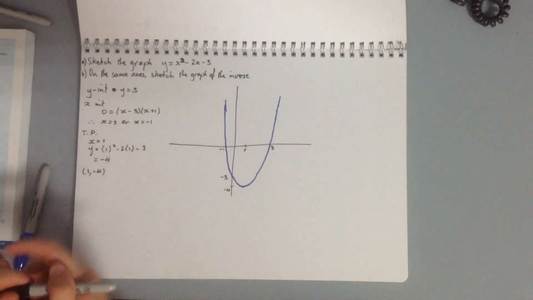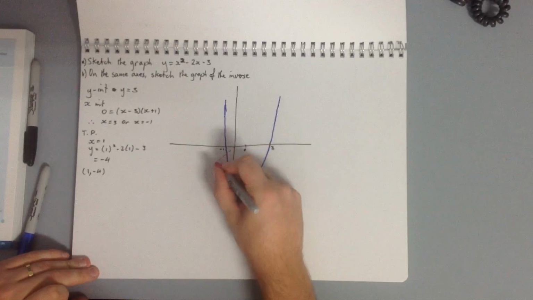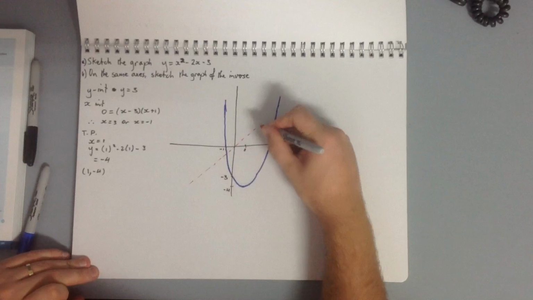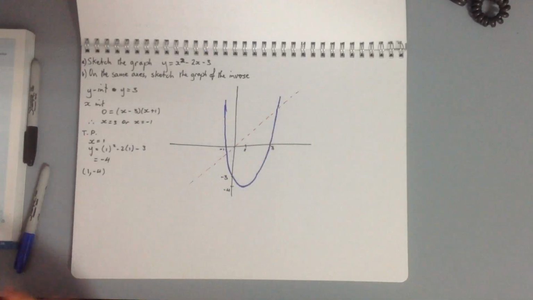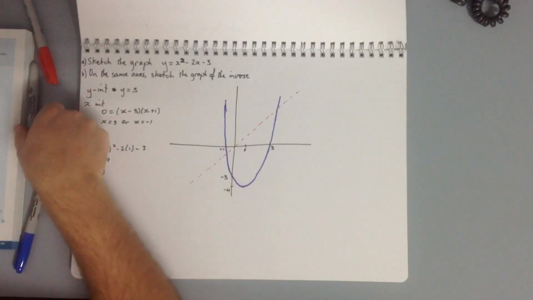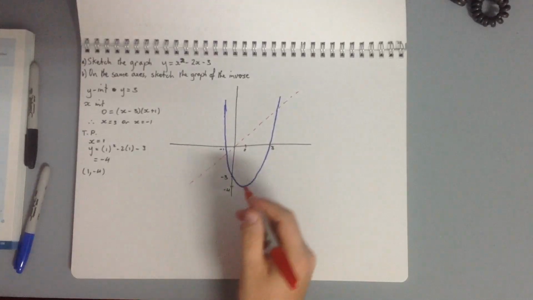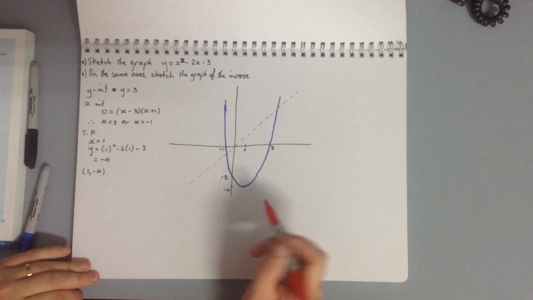Now we can think our graph is going to be reflected in the line y equals x. Just putting that on there to give you an idea, but we're not actually going to do it that way. Because remember that we've got to be switching our x and y coordinates.